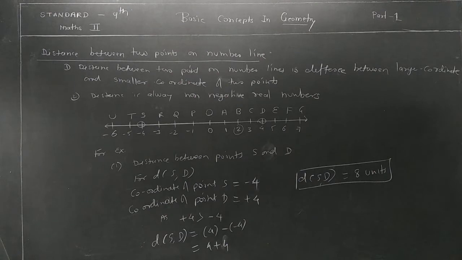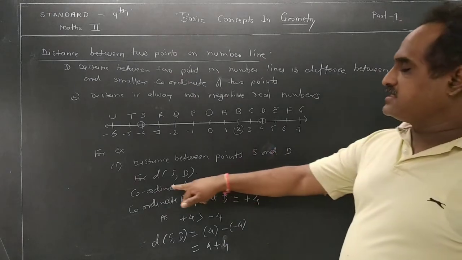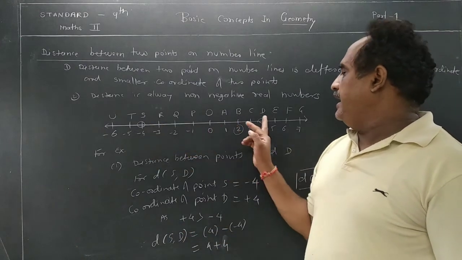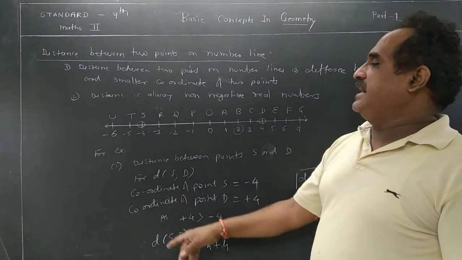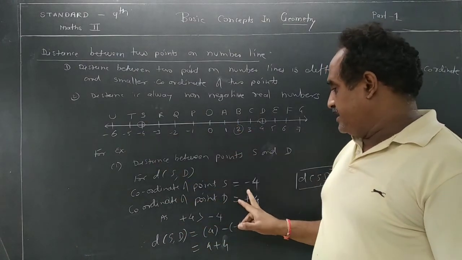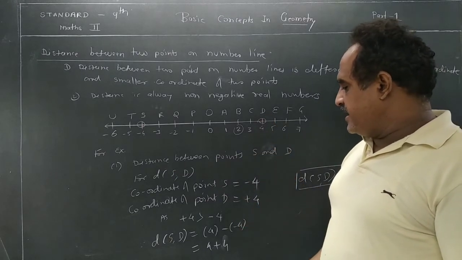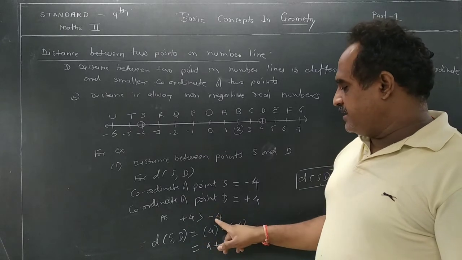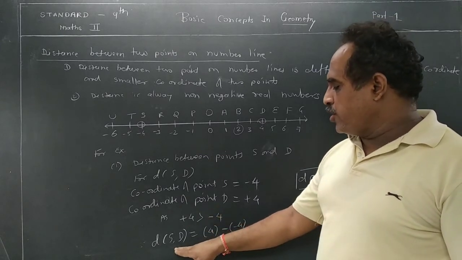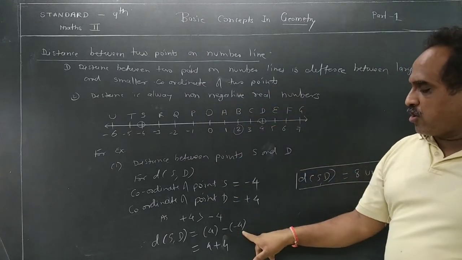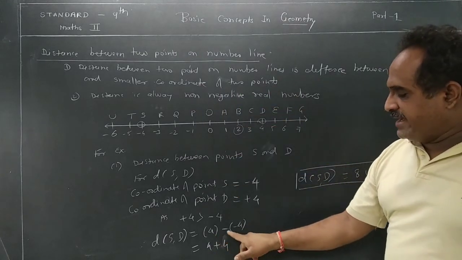Have you understood this? Once again, if they ask distance SD, distance between S and D, we have to see what the coordinate of S is. -4. What is the coordinate of D? +4. Which one is greater? +4 is greater than -4. So what are you going to write? Larger coordinate minus smaller coordinate. That is 4 minus -4.